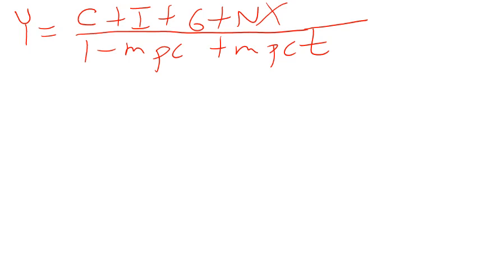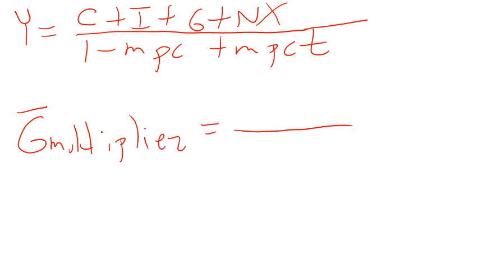Now, again, the government spending multiplier is equal to 1 divided by 1 minus MPC plus MPC times T.